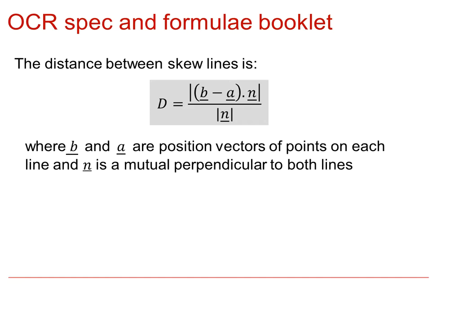The modulus on the numerator of D ensures an acute angle theta and a positive distance. Remember that A and B can be any points on L1 and L2 respectively, and that we may need to find the normal first, for example by using the vector product which was introduced in vector series 3.